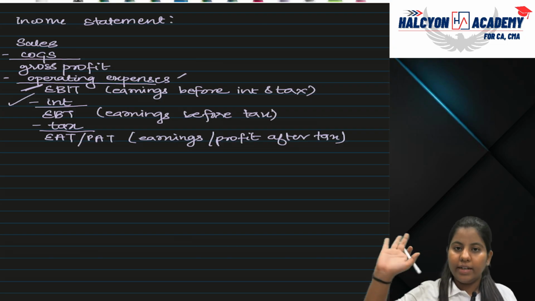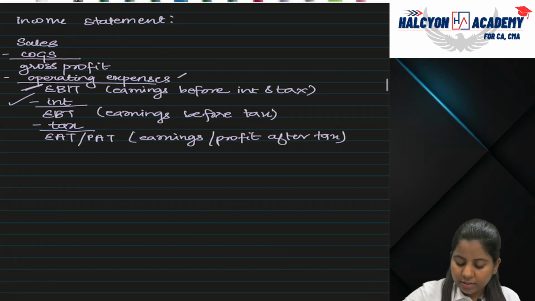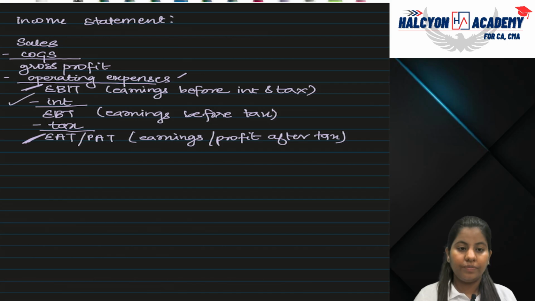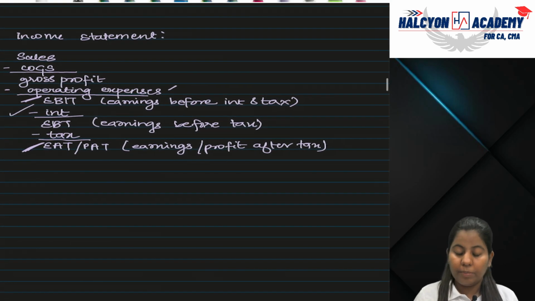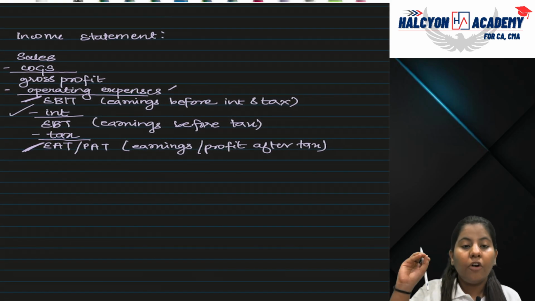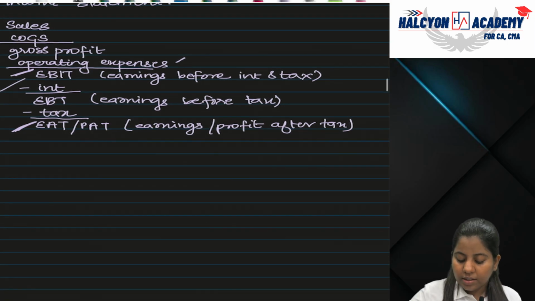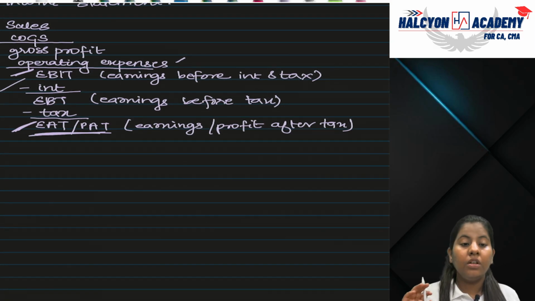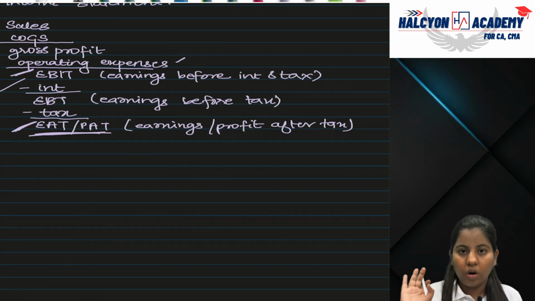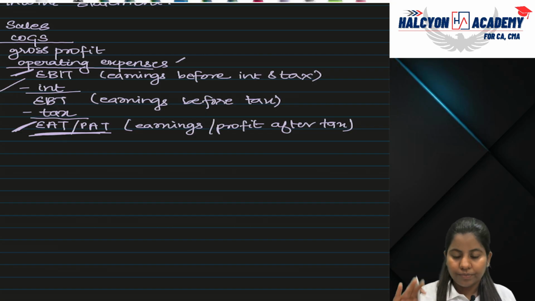If we have deducted interest, we have paid the debt holders. Now can you say that this profit is available for shareholders, for preference shareholders and for equity shareholders, right? Do you agree?